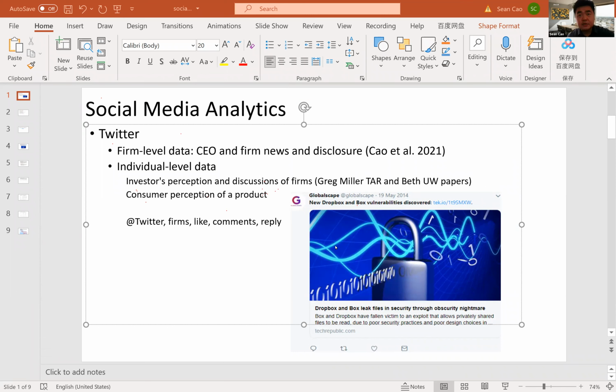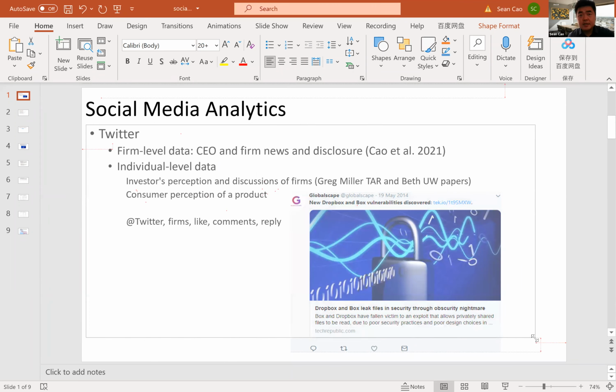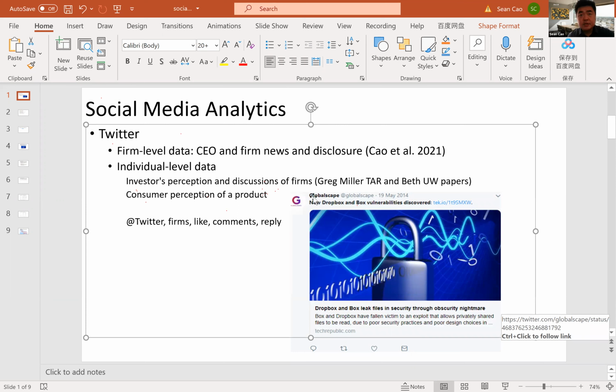So let's look at the details. In the example, what do you see here? This is Globescape. That means Globescape posted these tweets, and the information is about Dropbox and its product security issues.